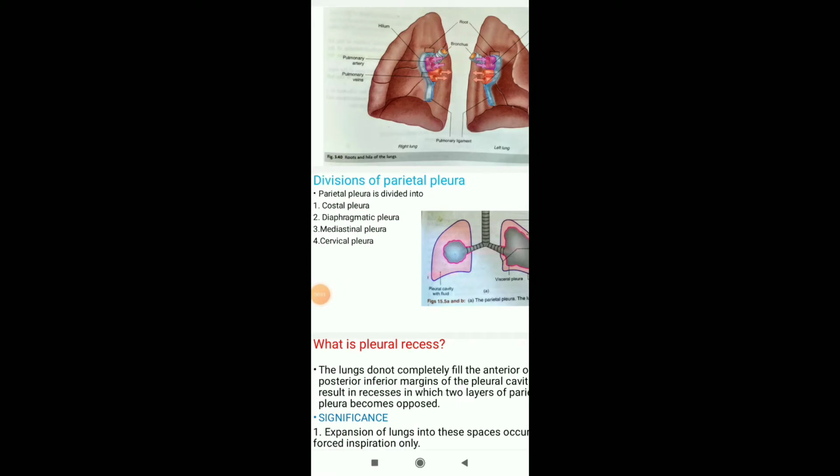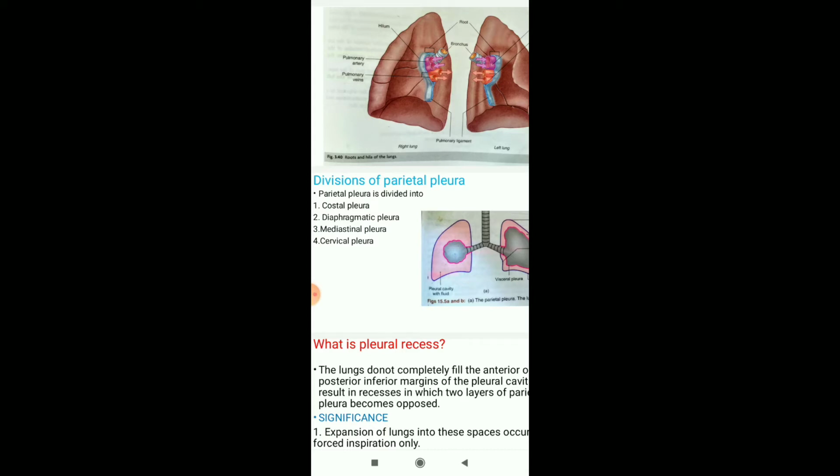Okay, let us see what are the divisions of parietal pleura. The divisions of parietal pleura are basically dependent on the location. Parietal pleura is divided into mainly costal pleura, diaphragmatic pleura, mediastinal pleura, and cervical pleura. The costal pleura, as the name suggests, surrounds the costal surface of the lungs.